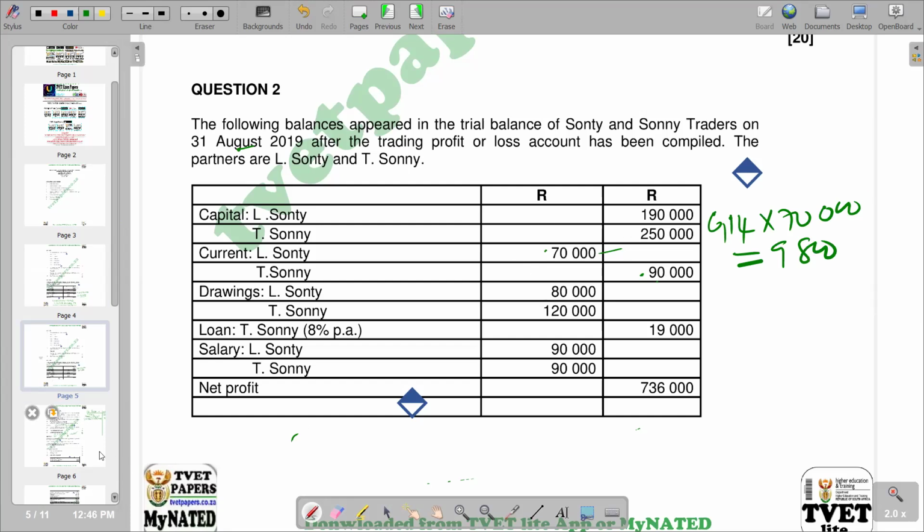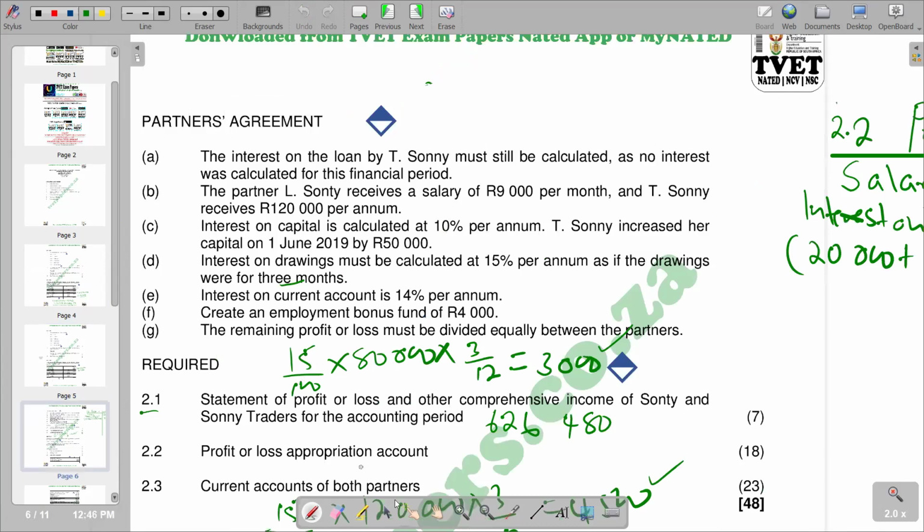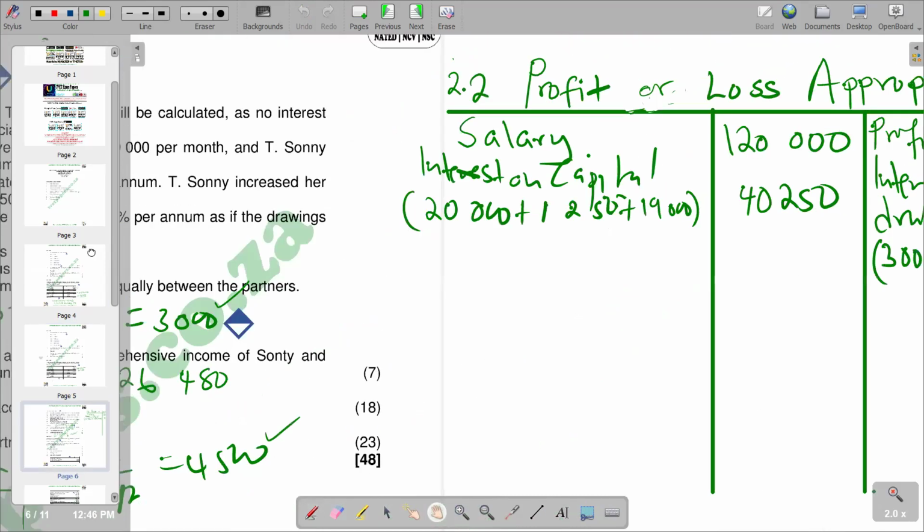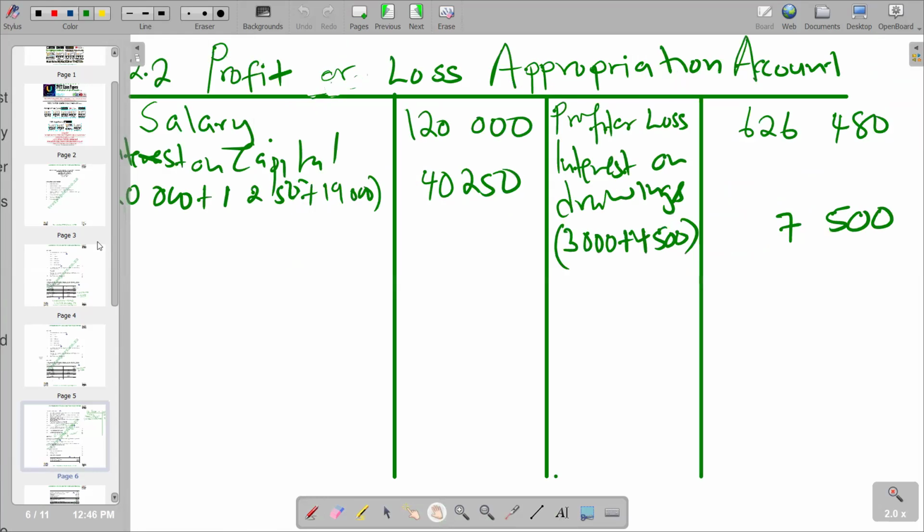We go there. So we are saying interest on current, and we are saying 9,800.